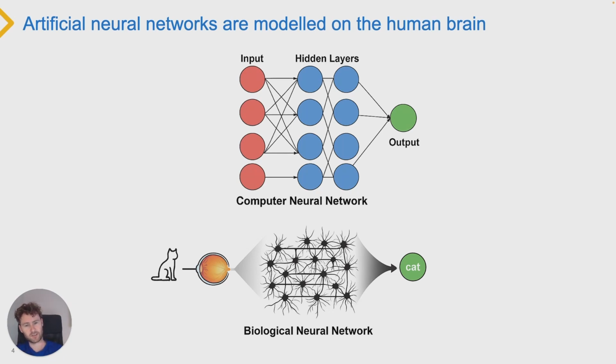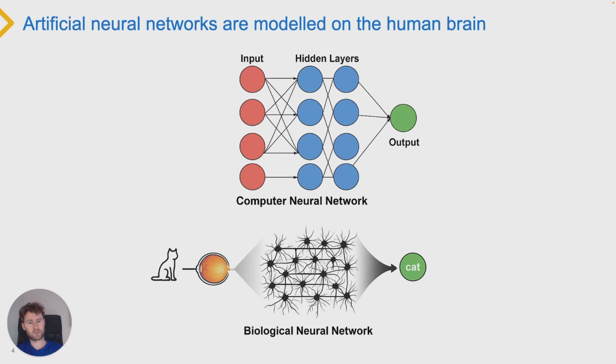In a brain, you've got input, in this case vision, looking at a cat. That goes through your biological neurons and tells your brain, this is a cat, in a conceptual manner. A neural network takes inputs, puts them through a number of layers of interconnected nodes, and gives you an output.